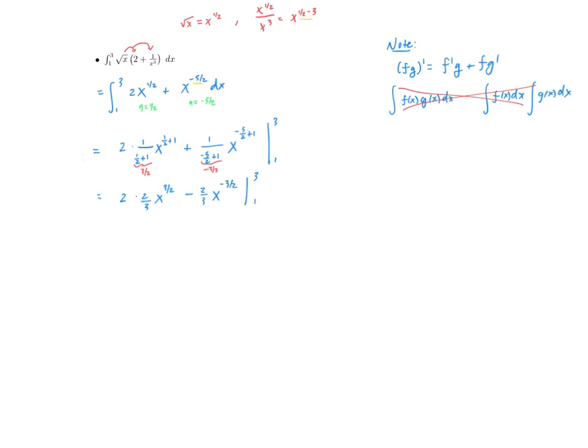And now it's a matter of substituting in x equals 3, putting a minus sign, substituting in x equals 1. So 2 times 2/3 is 4/3, and then we substitute in x equals 3. Minus sign, we substitute in x equals 1. And remember, 1 raised to any power is simply 1.